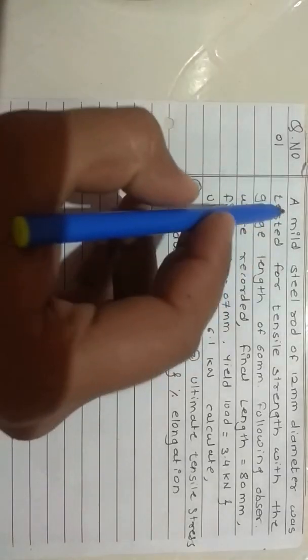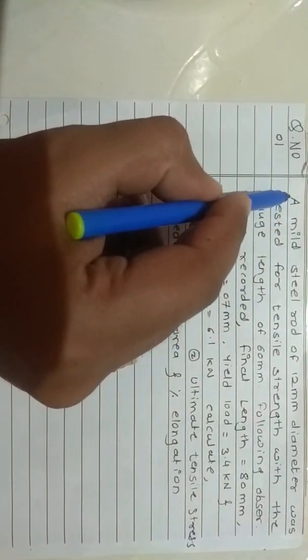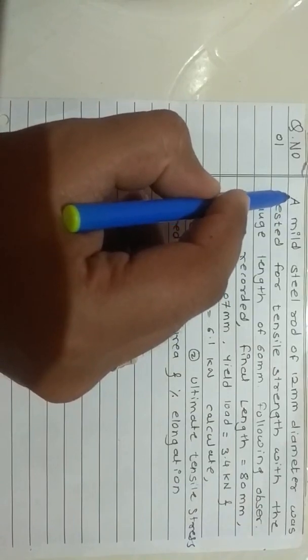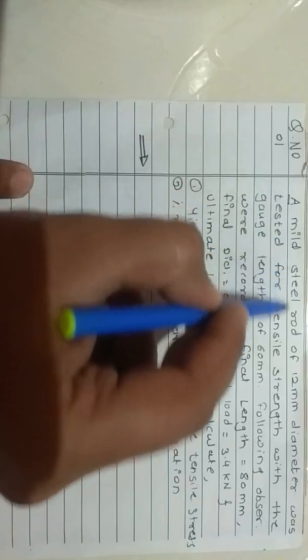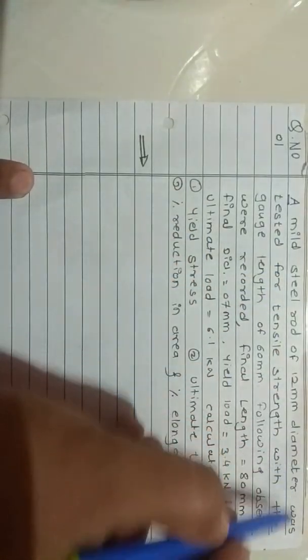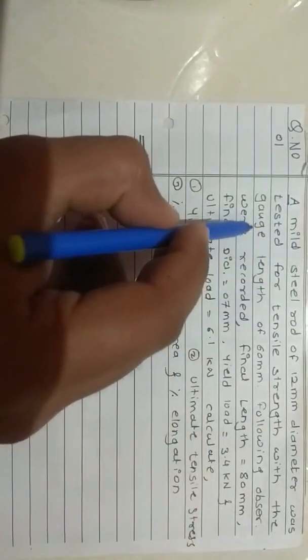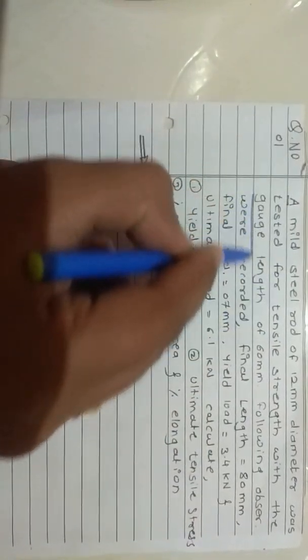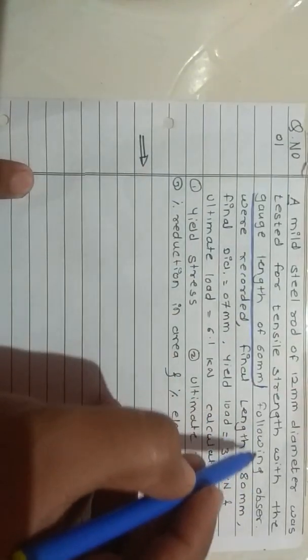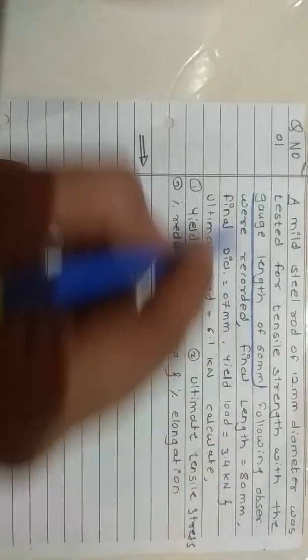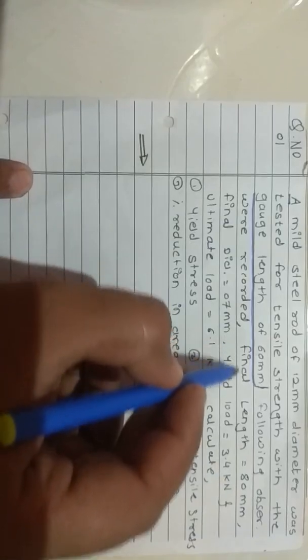The statement of the problem, as given in the examination, is: a mild steel rod of 12 mm diameter was tested for tensile strength with the gauge length, this one is important, gauge length 60 mm, and the following observations were recorded.